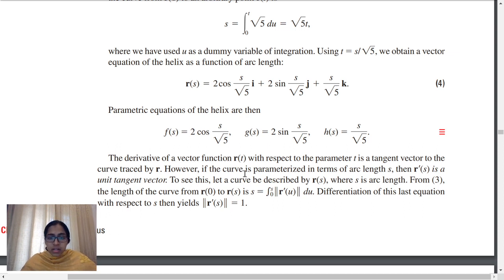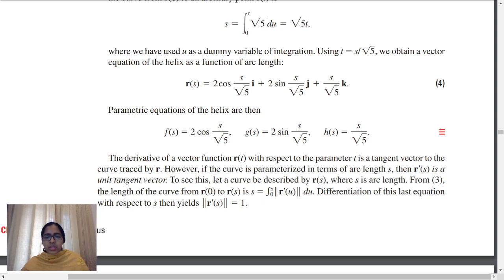Now, if that curve is parameterized in terms of arc length, then the derivative with respect to the arc length will be the unit tangent vector. So the normal derivative with respect to parameter t gives the tangent to that curve, whereas the derivative with the arc length as the parameter gives us the unit tangent vector.